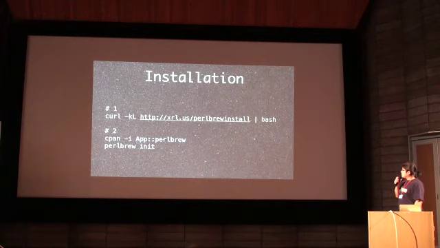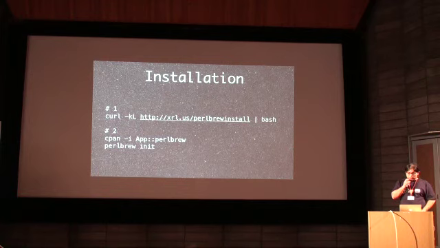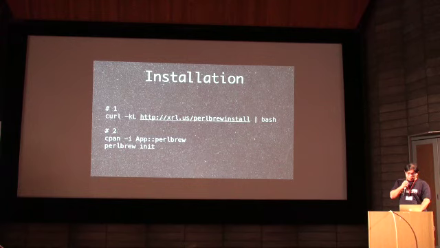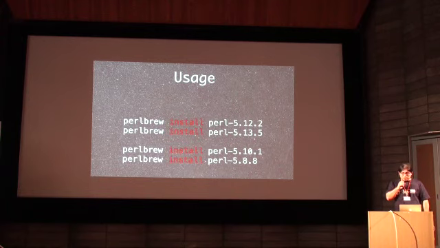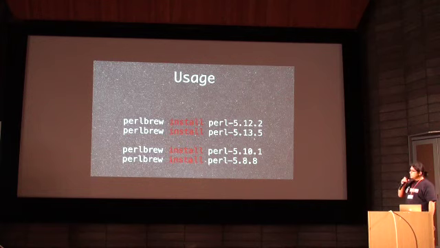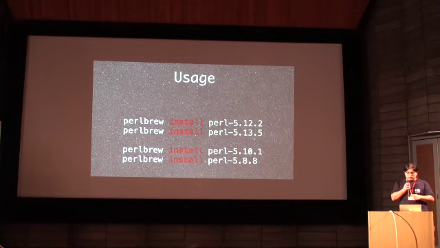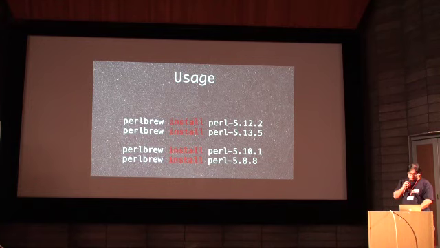The tool is really easy to install. There's a one-liner install that installs two or three tools for you, and it's easy to use. You just pass install and then the Perl and the version you want to install, and give it like 20 minutes to compile, and it'll be done.